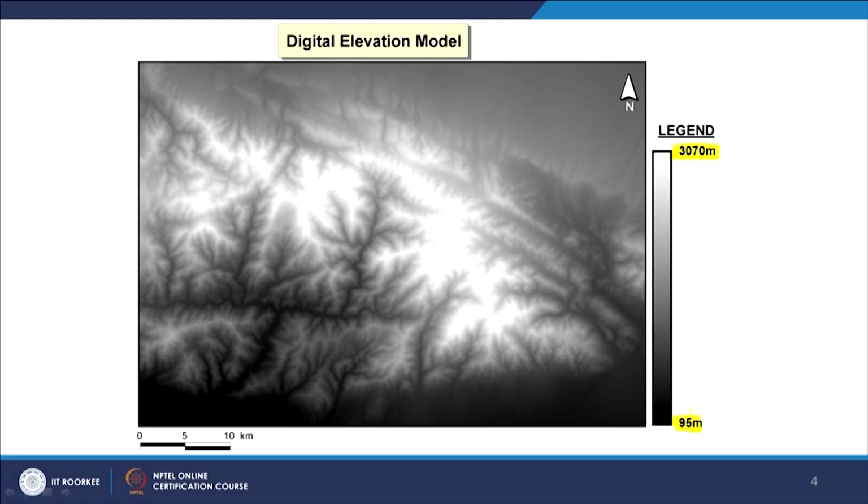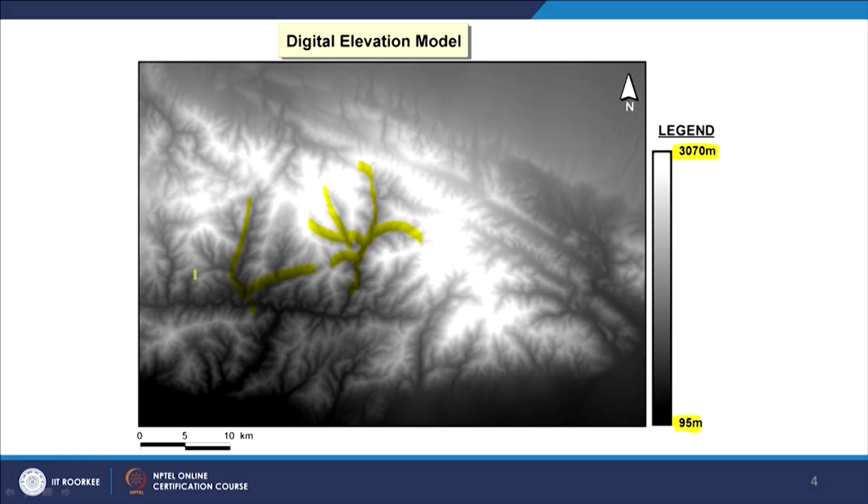If I observe this digital elevation model, I can simply say that the minimum elevation within this displayed area is 95 meters and the maximum is 3070. Also, if I study this, I find that these are probably the natural drainage systems or stream network, which I see quite clearly.